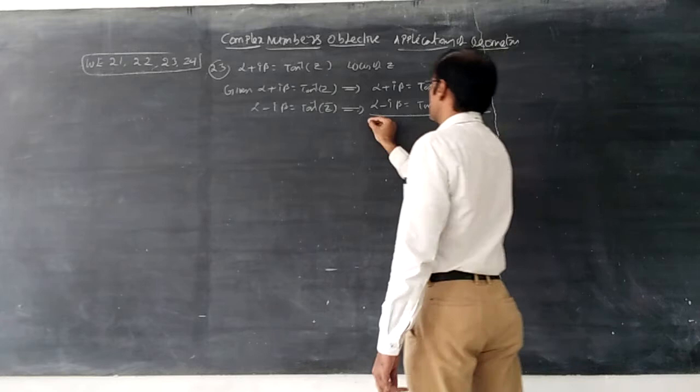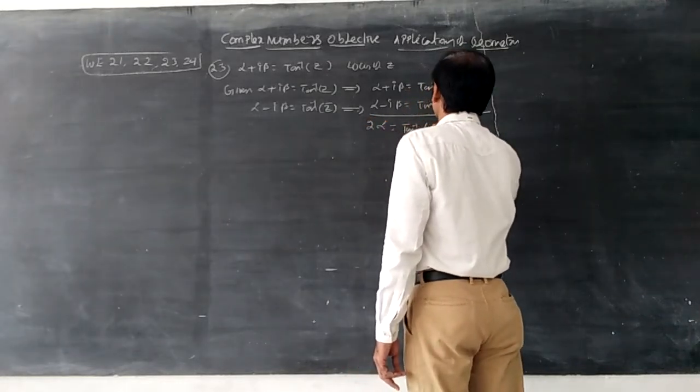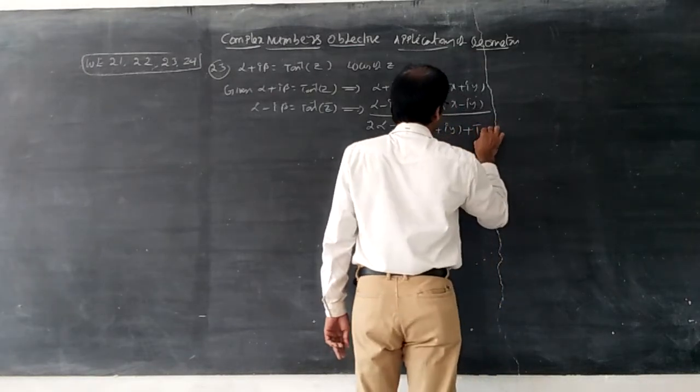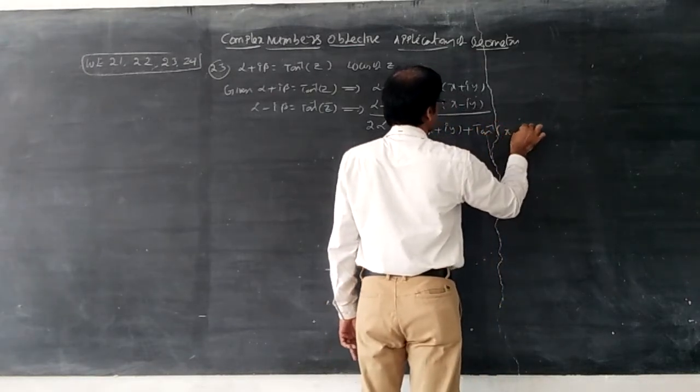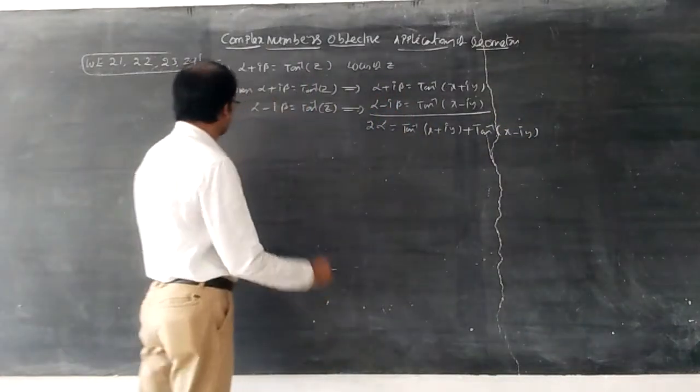Add these two terms. It becomes 2 alpha is equal to tan inverse of x plus i plus tan inverse of x minus i.